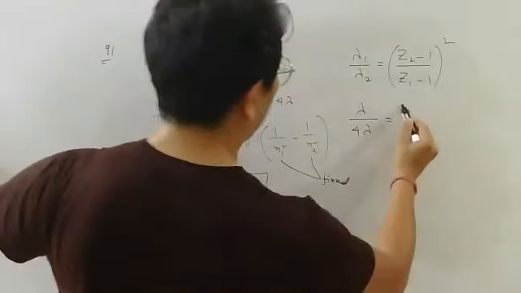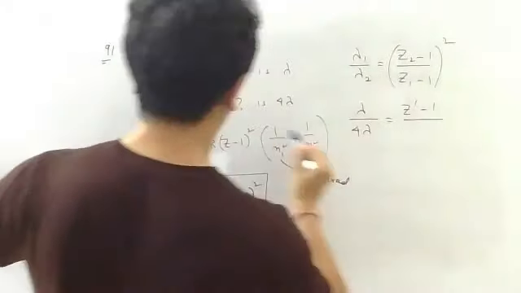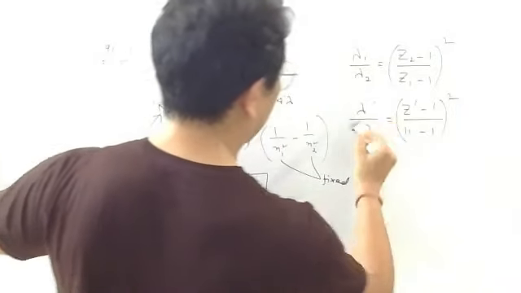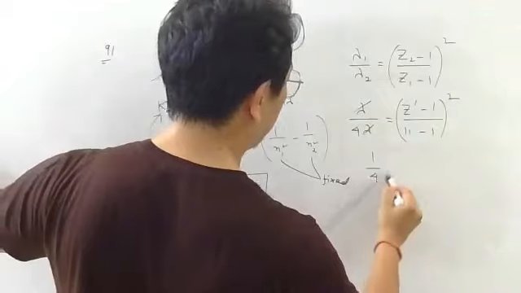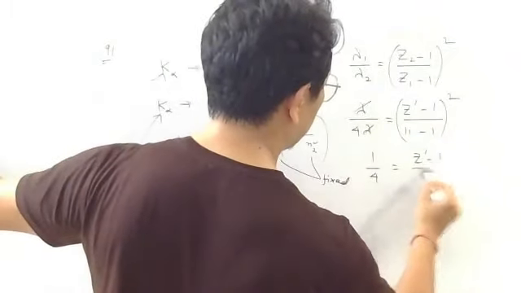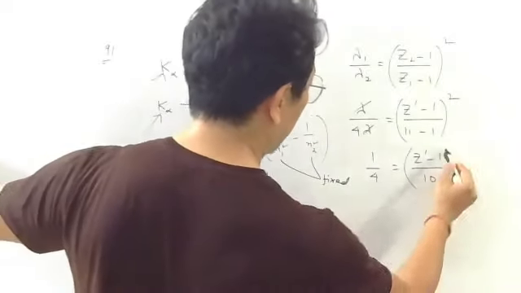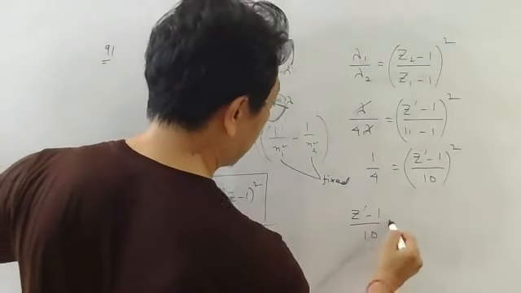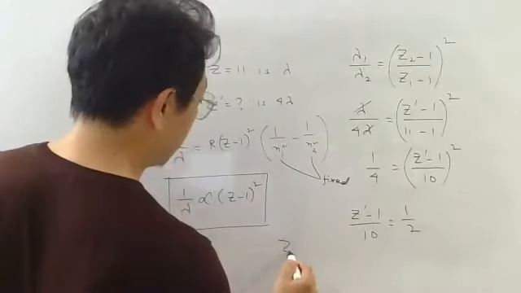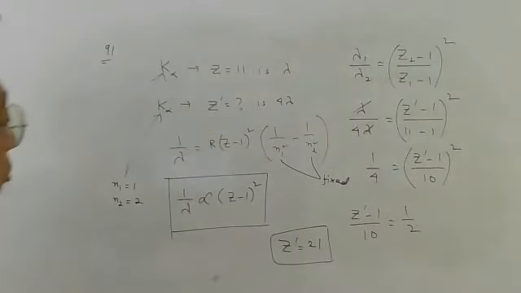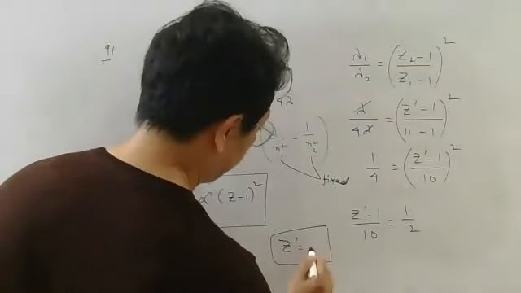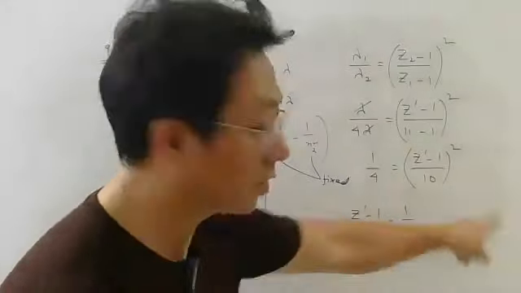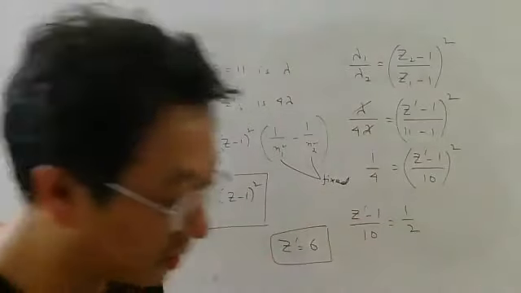Second atomic number they are asking, first atomic number is 11. Lambda lambda cancel, 1 by 4 equals (z dash minus 1) by 10 whole square. Take the square root, you will get (z dash minus 1) by 10 equals 1 by 2. So z dash will be 21. Oh, not 21, sorry, 6. Correct, no? This 10 will go there, minus 1 will go there. 6 we will get, isn't it?